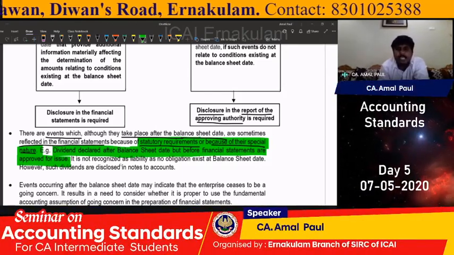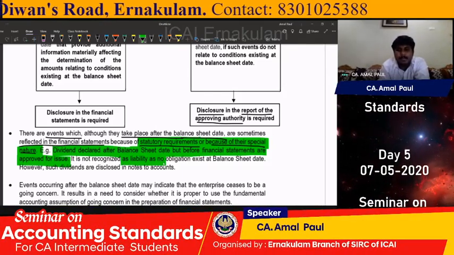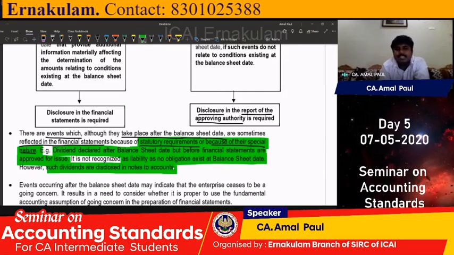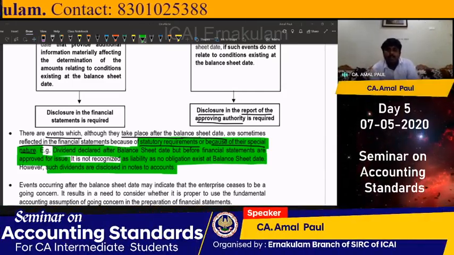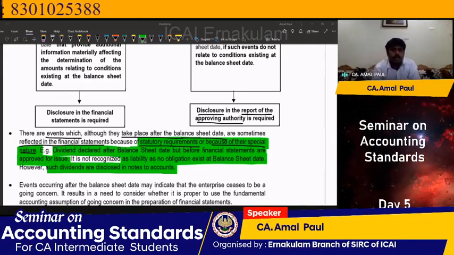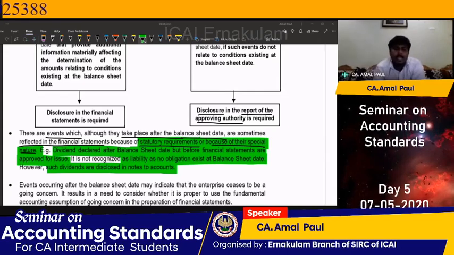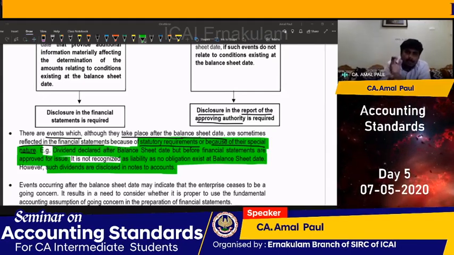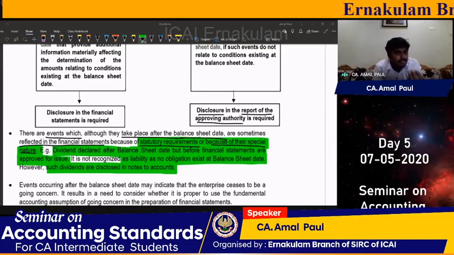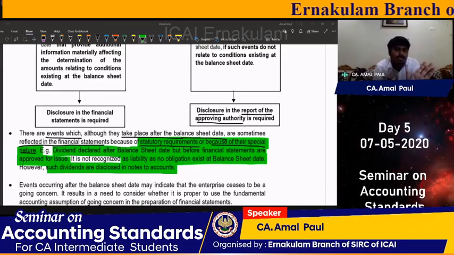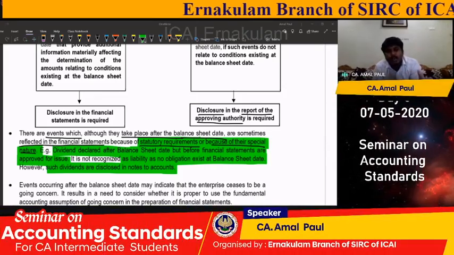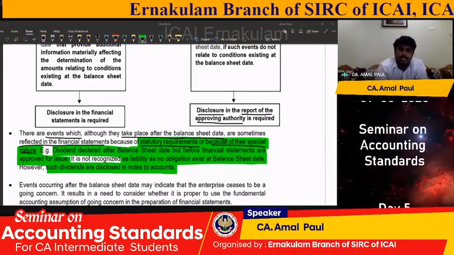This is a non-adjusting event, but what we will do is disclose this in the notes due to statutory requirements. So any proposed dividend will not be adjusted in the balance sheet; it will only be disclosed due to statutory requirements, because we do not have any liability on the balance sheet date.